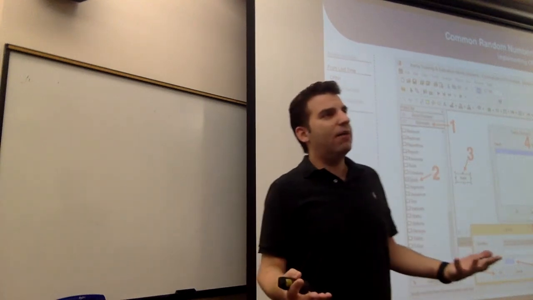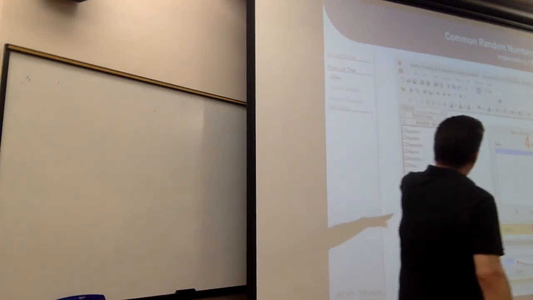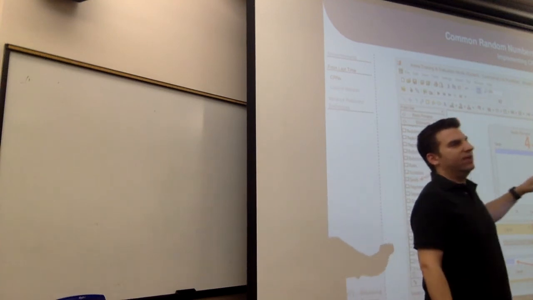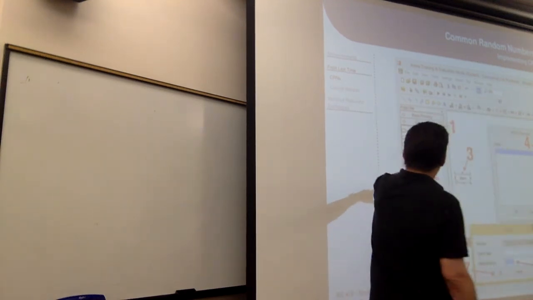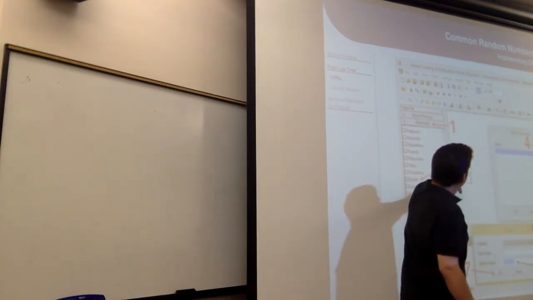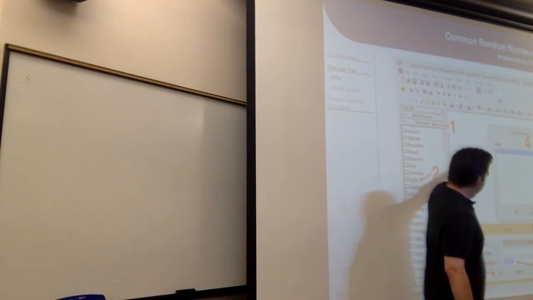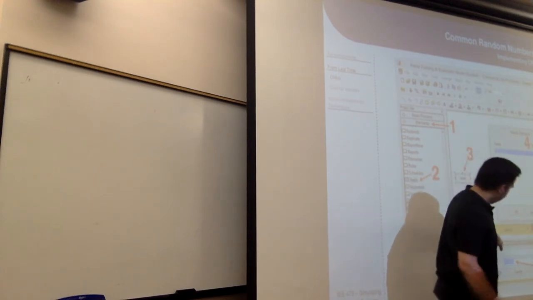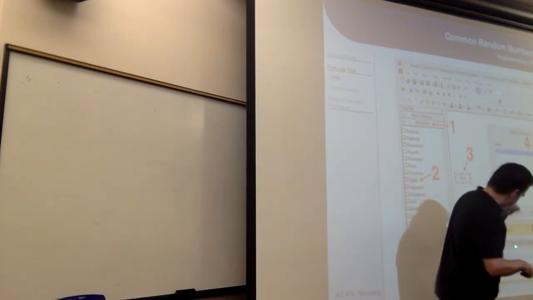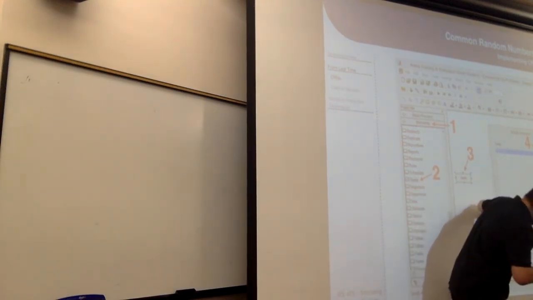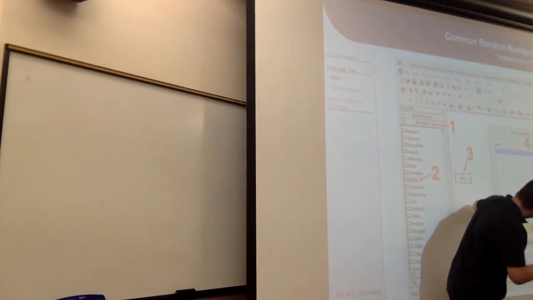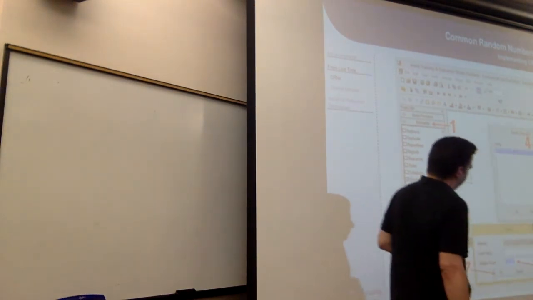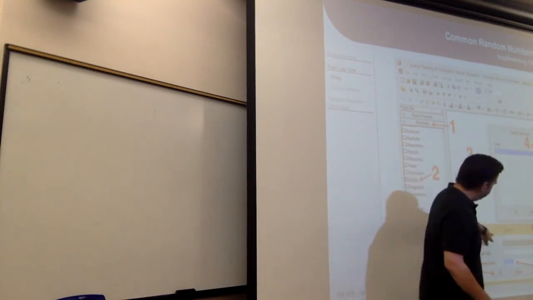How do you implement common random numbers in ARENA? So you go back to, remember we talked about random number generation, and in ARENA you can drag on this seeds element and double click into it, and you can add an input stream, and you can create either a named input stream like this one says, inter-arrival stream. In this projector I can't read what I wrote because this is the third one there, but you can even also just put a number there.